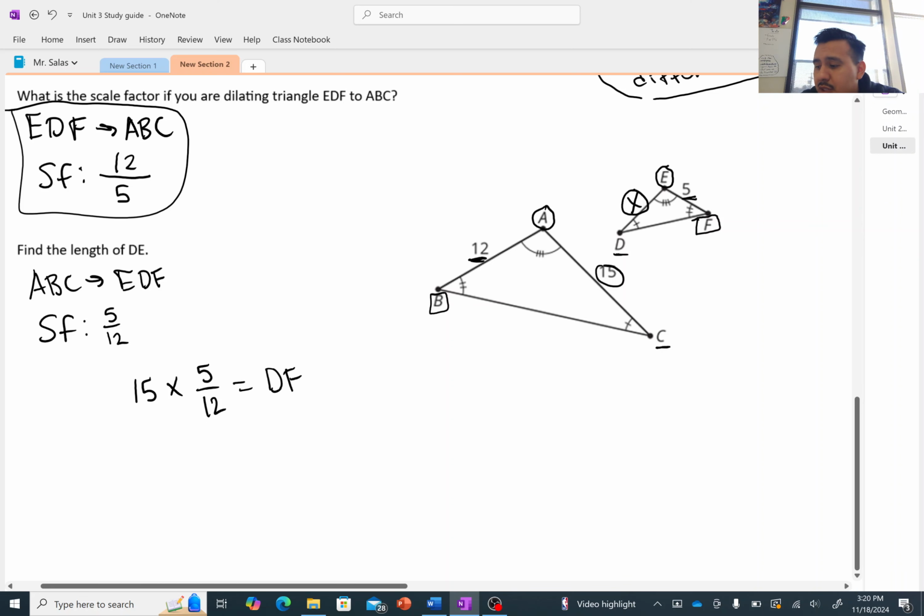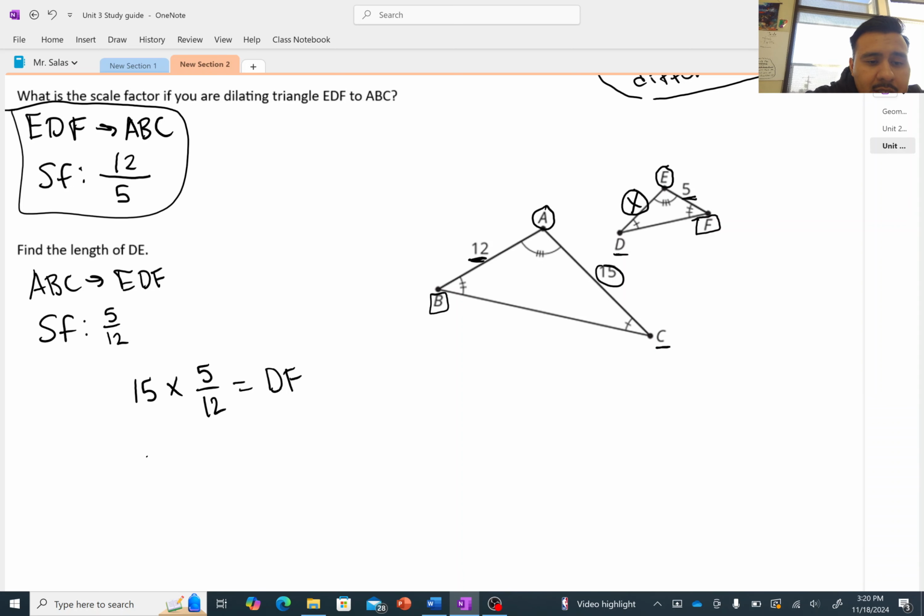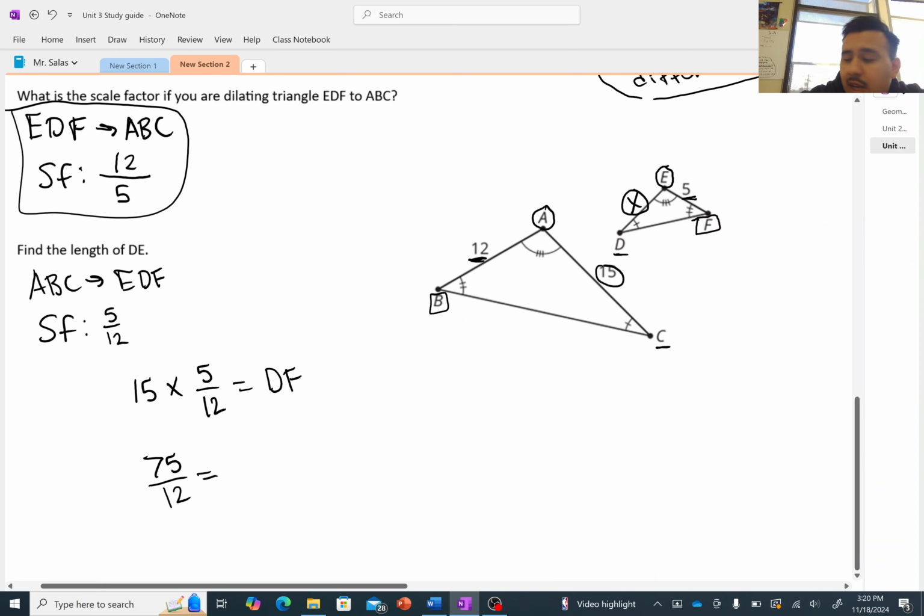I know 15 times 5 is 75 divided by 12. I type that into a calculator. That gives me 6.25, and that is the length of DE. Okay, and that is my final answer.